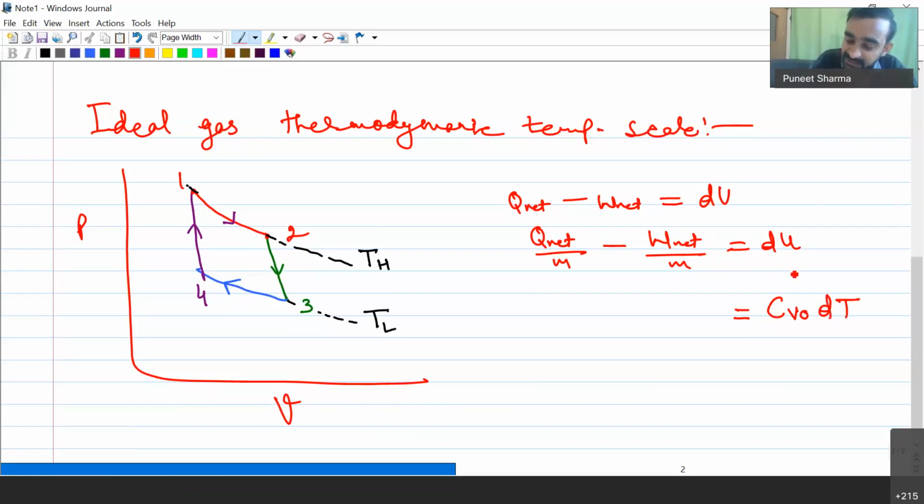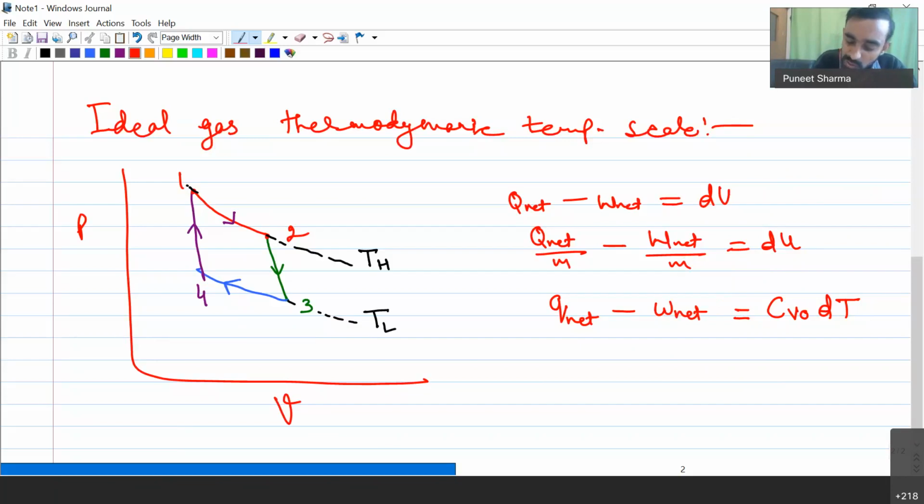So on the right hand side, du is equal to Cv naught into dT, and this Q net by m I can write as small q net, which refers to the heat transfer per unit mass. Similarly for W net I can write small w net, the net amount of work done per unit mass. Now this is a closed system.